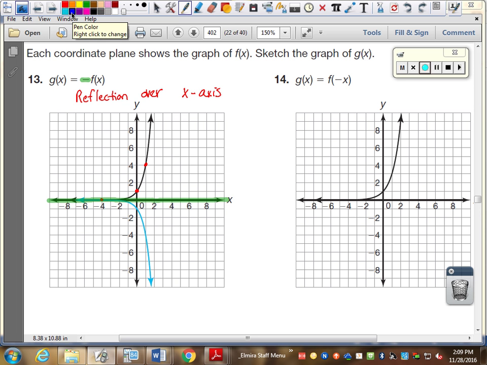So if I'm reflecting over the x-axis, I'm going to pick these dots that I drew and count how many squares to get to that x-axis. It took me 1, 2, 3, 4 squares, 1, 2, 3, 4 squares, 1 square, 1 square.